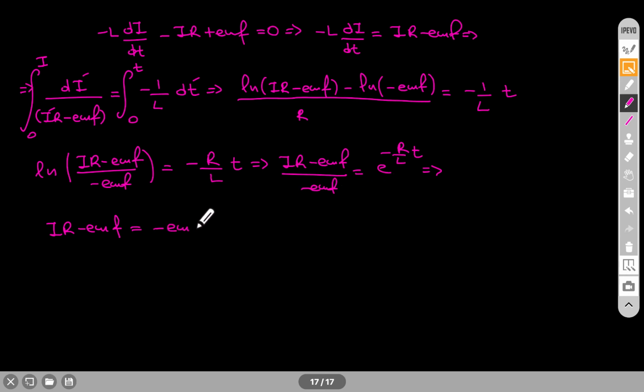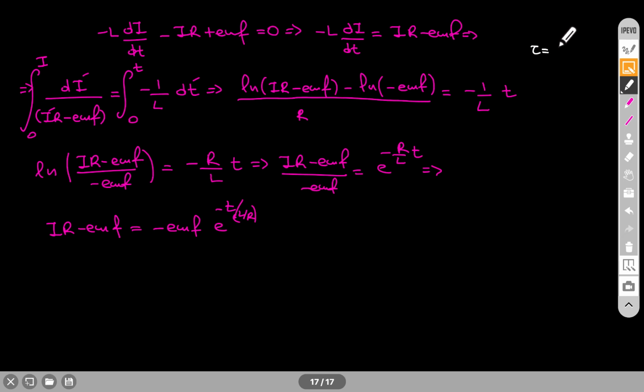So it will be minus EMF times E. Now the way that I like to write this is minus T divided by L over R. And this L over R is what we call a time constant for this RL circuit.